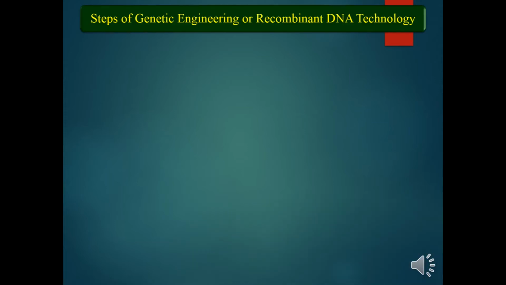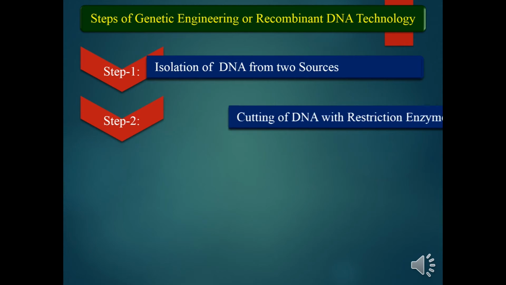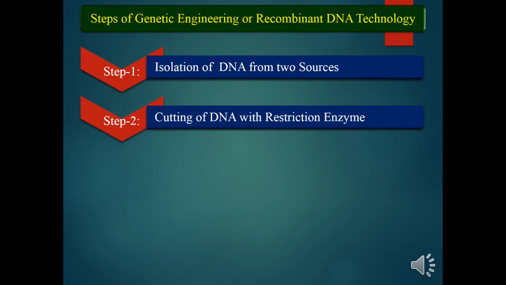Now, steps of genetic engineering or recombinant DNA technology. Step 1, isolation of DNA from two sources. Step 2, cutting of DNA with restriction enzyme.